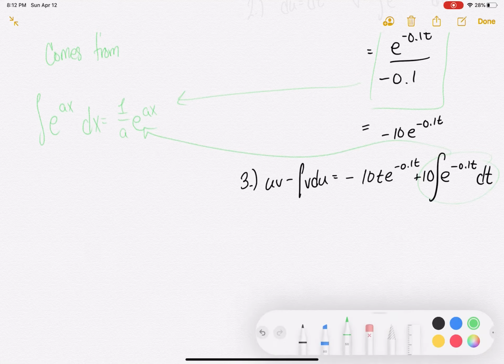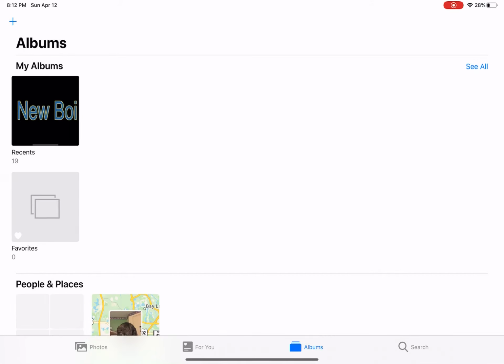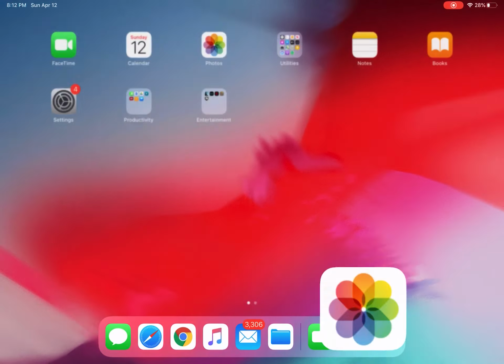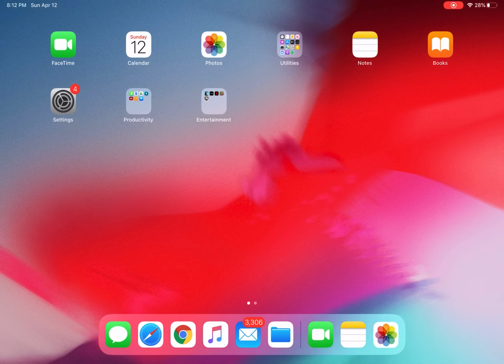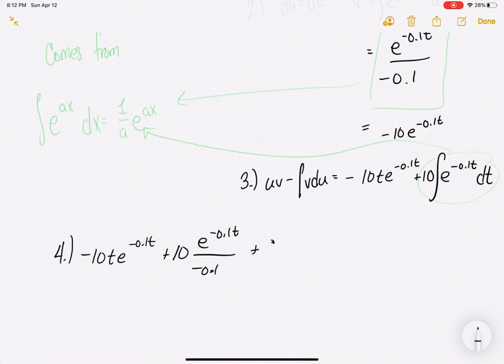We're going to use it again, and that's why I wanted to stress it. Step 4 is to actually evaluate. So this is negative 10 t e to the negative 0.1 t plus 10 e to the negative 0.1 t over negative 0.1, plus c.